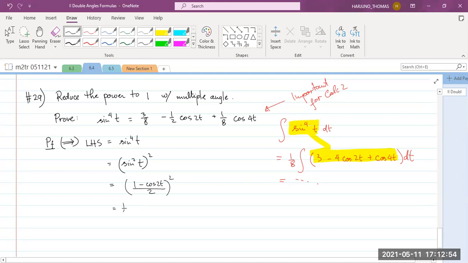That is 1/4, I FOIL that. Okay. Now then, this is okay. Cosine 2t is okay, the power already 1. Cosine squared 2t is not okay.